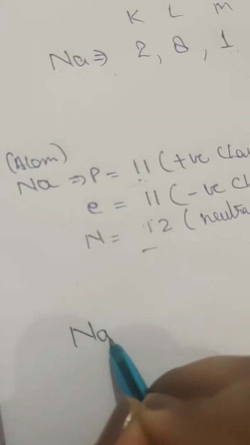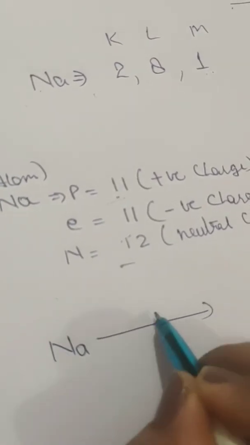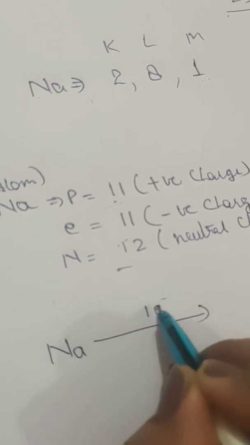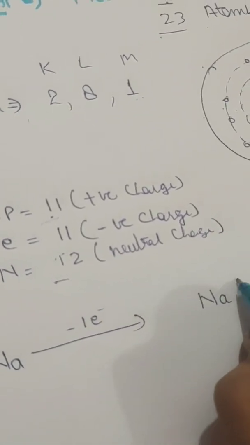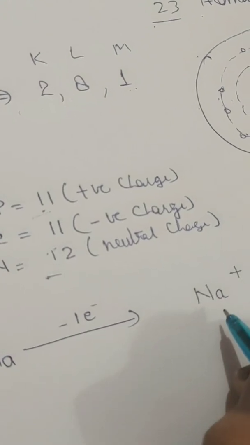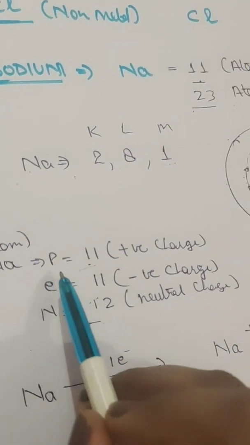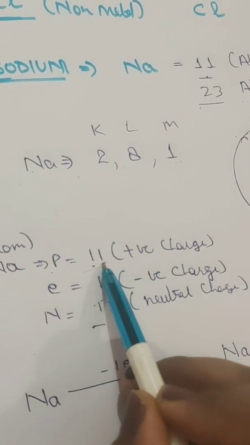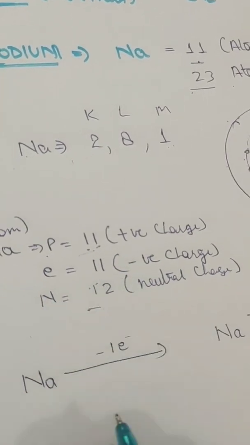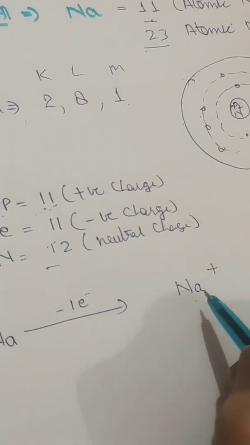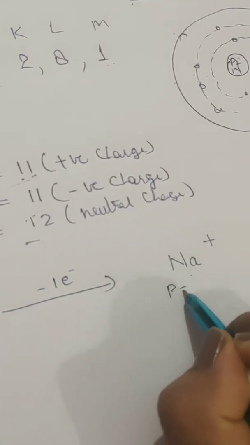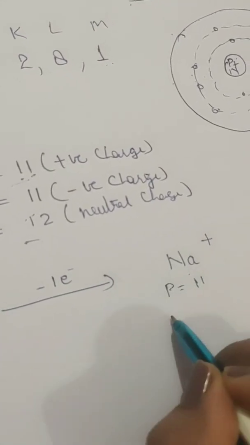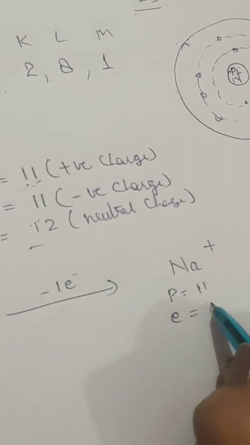So sodium here will give 1 electron, so -1, and it will become a sodium ion. Why is there a positive charge on it? Because in the atom, positive charge is 11 and negative charge is 11. But because it's an ion, it now has protons equal to 11 but electrons equal to 10.